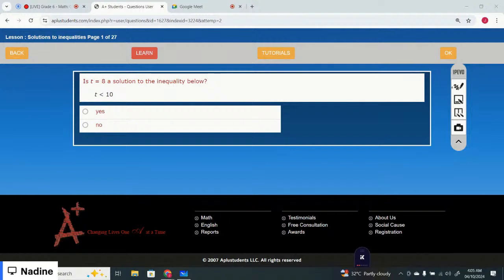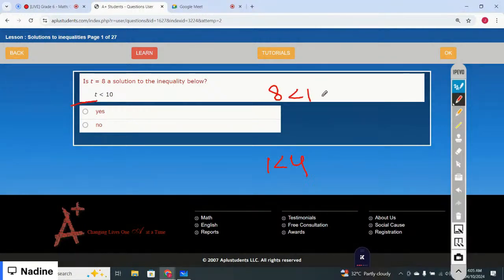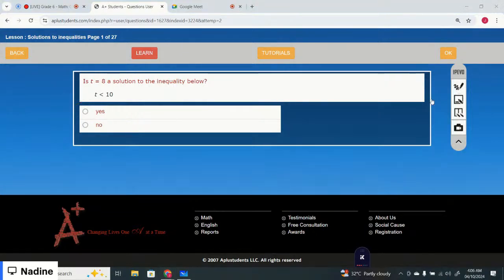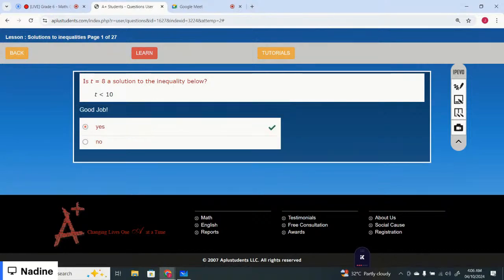So that would be 8 is less than 10. So which is the correct option? That is 8 is less than 10, so true it is. That means yes, t equals 8 is the solution of the inequality t is less than 10. The correct option is yes, because 8 is less than 10.